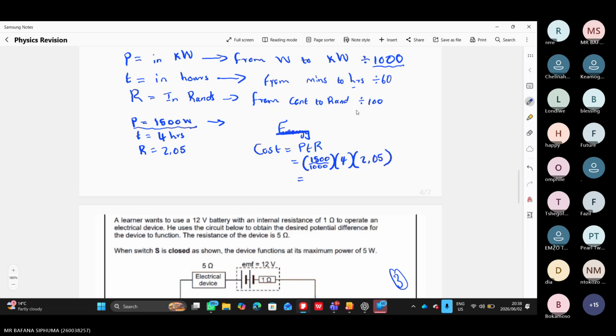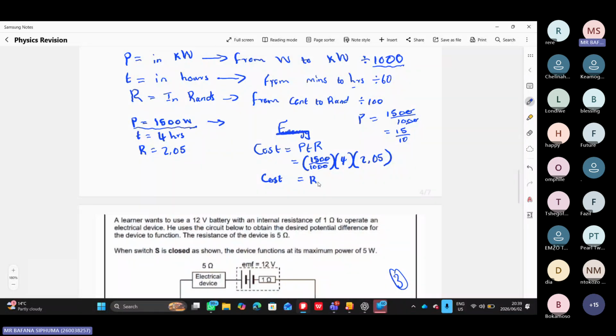If you don't prefer this, you can convert on the side. You can just say power 1,500 divided by 1,000, of which this 0 and this 0 will cancel. So we'll be left with 15 divided by 10. What do you get as your answer here? 12.3.